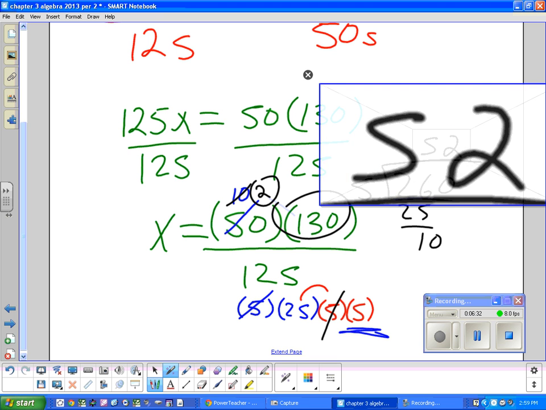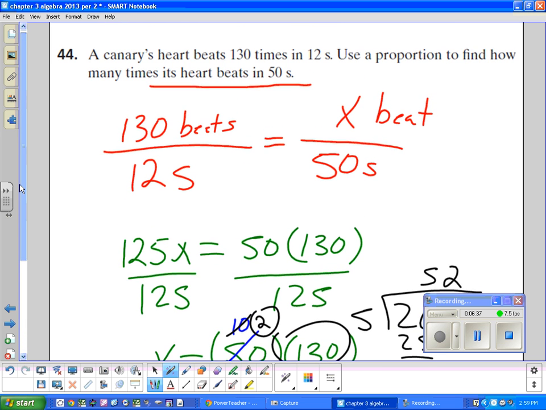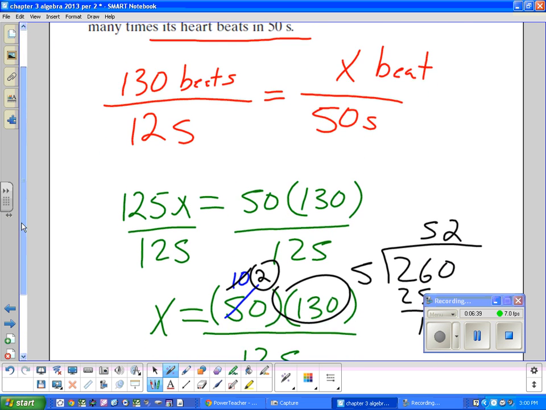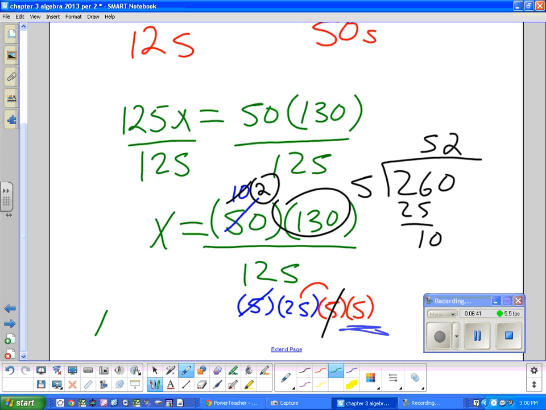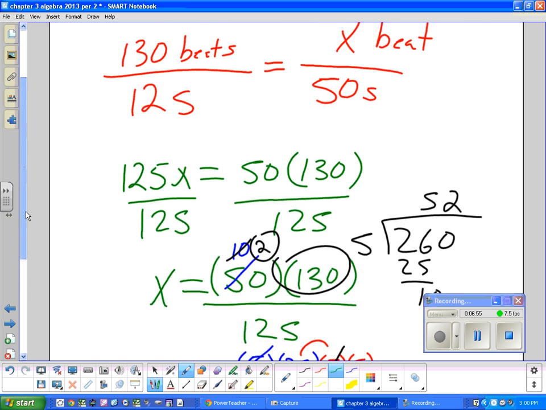So that would be our x value for the problem. So x equals 52, and if you answer the question, it's going to be 52 beats per 50 seconds.